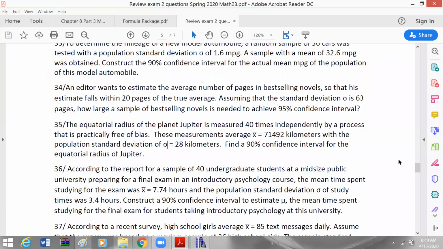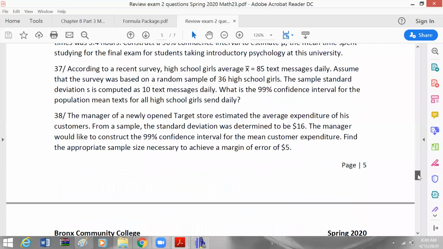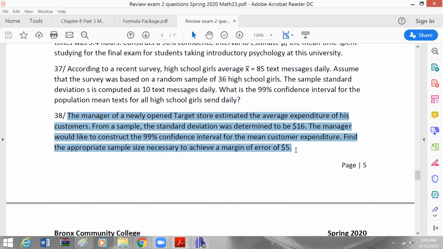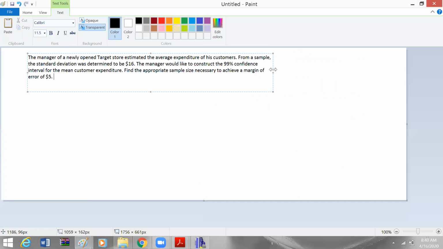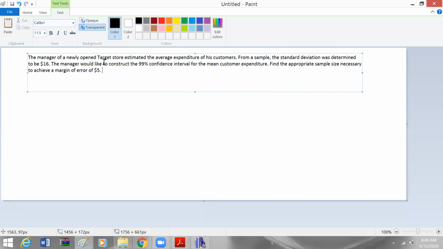Similarly, when we pick the next question, this would be one we might want to do. The manager of the newly opened Target store estimated the average expenditure of his customers. We want to look at this question and see how we're going to proceed.